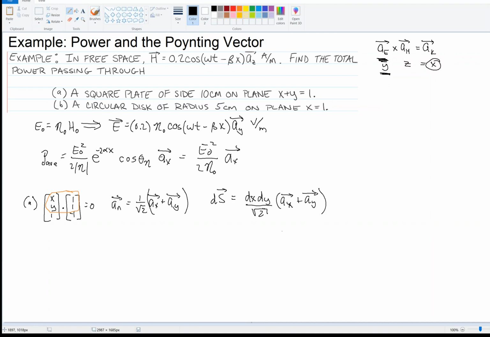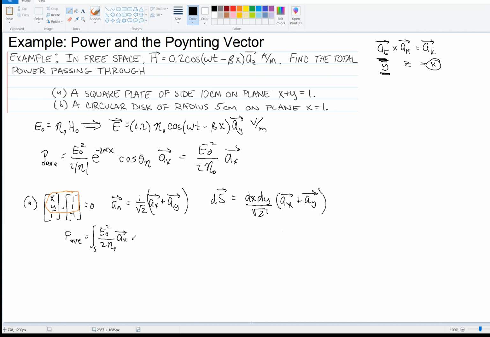Okay, so now we are ready to do the integration. So I've got P without the script, average, equals, so this is in watts now. We're going to integrate over our surface of E0 squared over 2 eta 0 in the x direction. That's the script P, watts per unit area.